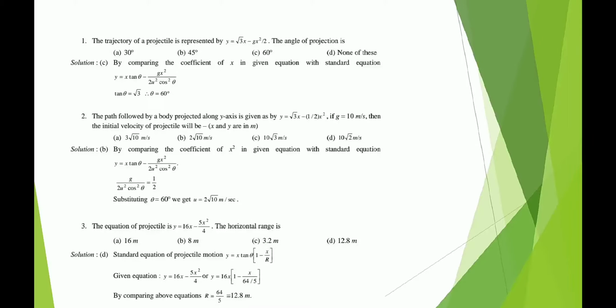The path followed by the body projected along the y axis is given by y is equal to root 3 x minus 1 by 2 x square if g is equal to 10 meter per second square. Then the initial velocity of the projectile will be, by comparing the coefficient of x square in the given equation with the standard equation, y is equal to x tan theta minus g x square by 2 u square cos square theta.